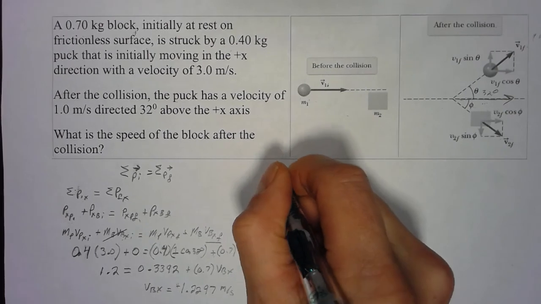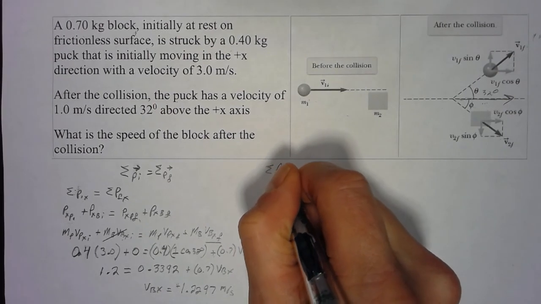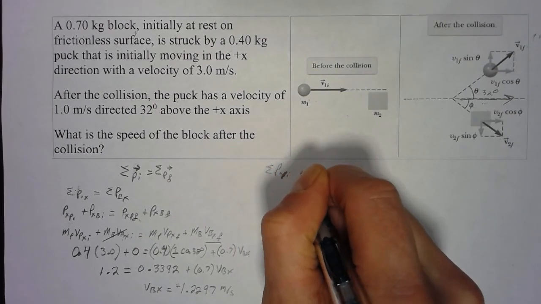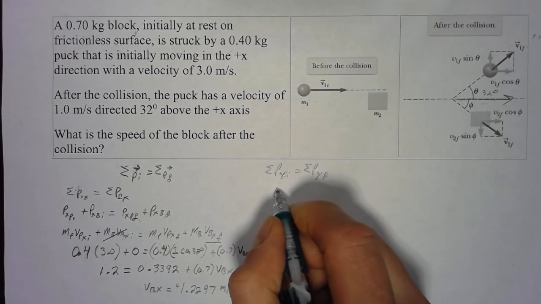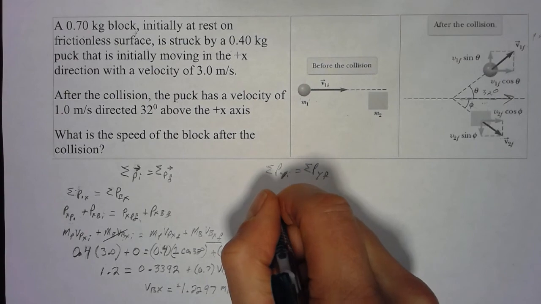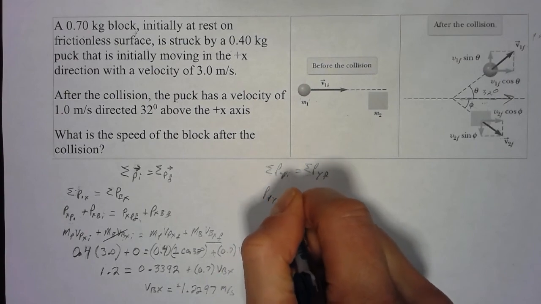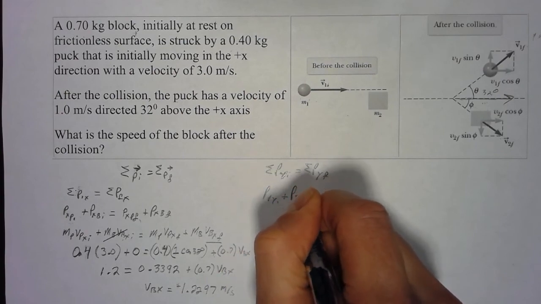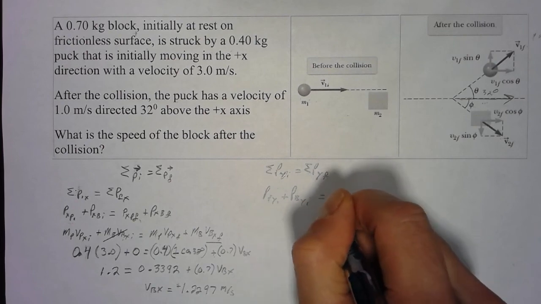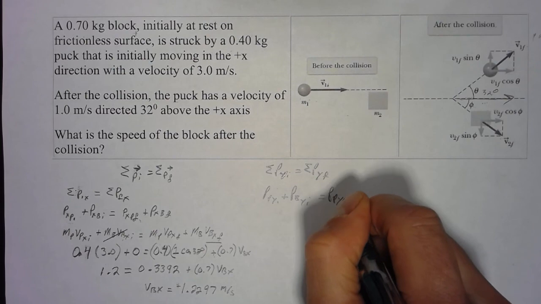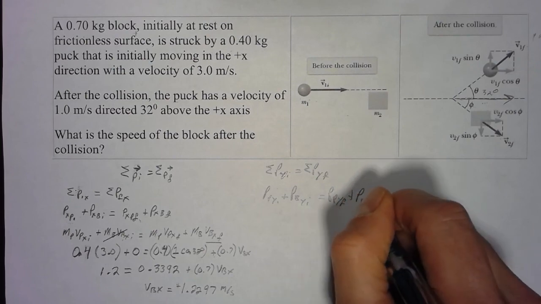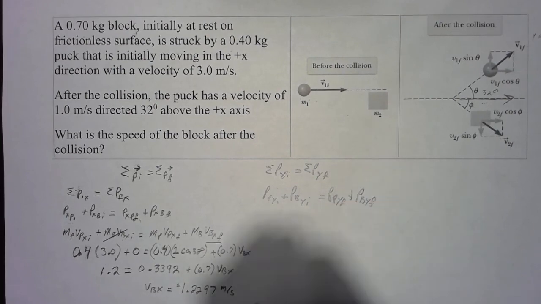All the momentum in the Y direction initially will equal the sum of the momentums in the Y direction finally. So in the Y's, we've got the puck Y initial plus the block Y initial, and we'll have the puck Y final and the momentum of the block Y final.